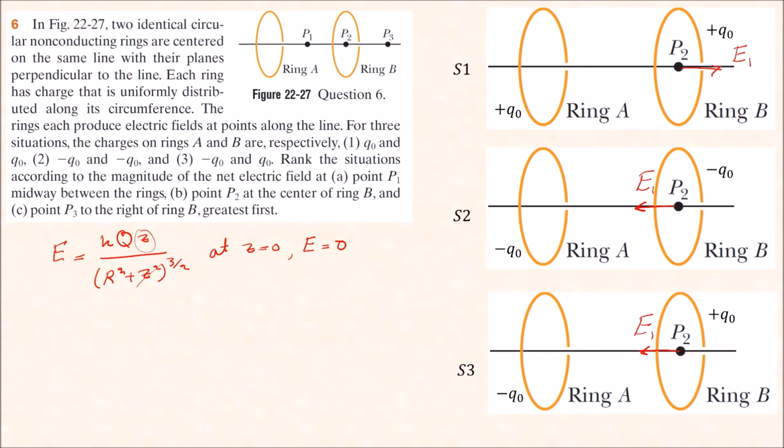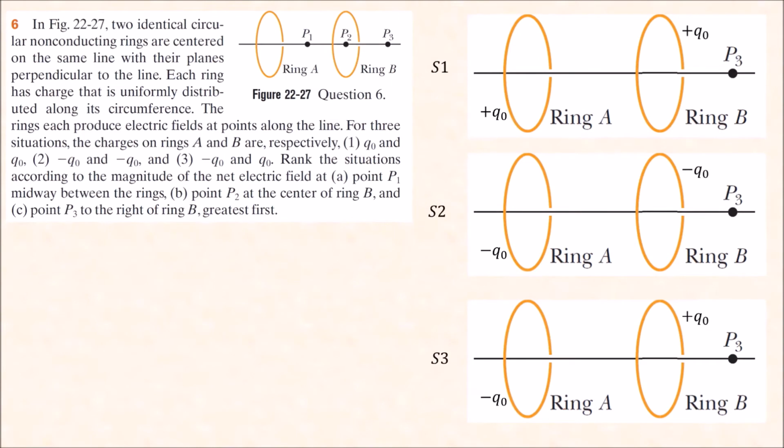Therefore, the 3 magnitudes are the same. So we can say the electric field of situation 1 is equal to the electric field of situation 2, equal to the electric field of situation 3, which is the same as E1. None of them is 0. They are the same magnitude.